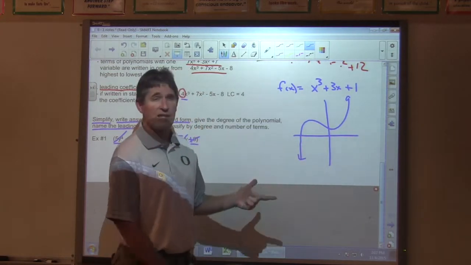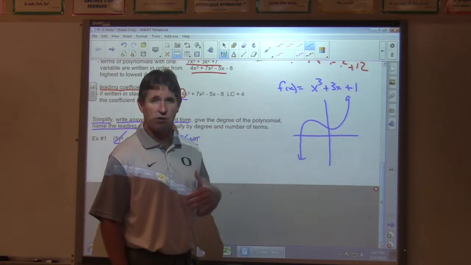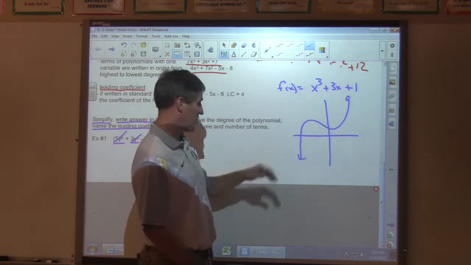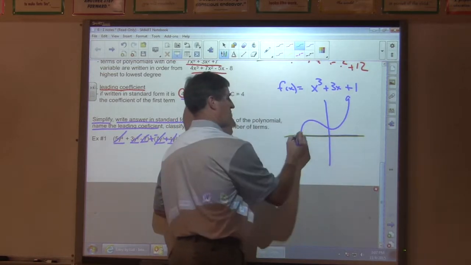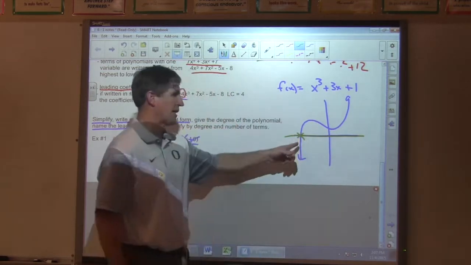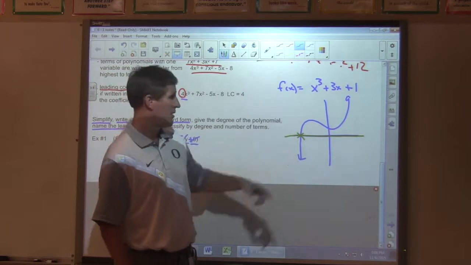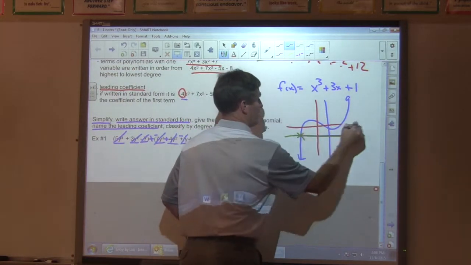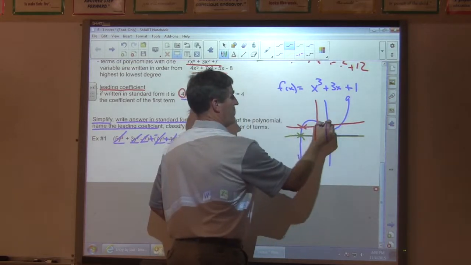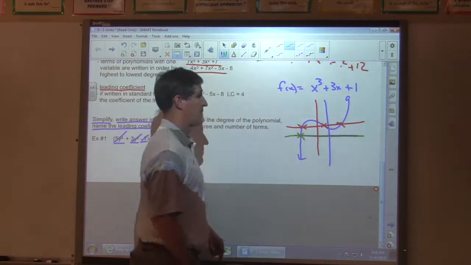The big thing they're going to ask for is the number of real zeros. Now remember, the real zeros occur where the graph crosses the x-axis. So in this case, if this graph is correct, there would be 1. If the graph was up here, then there would be 3.